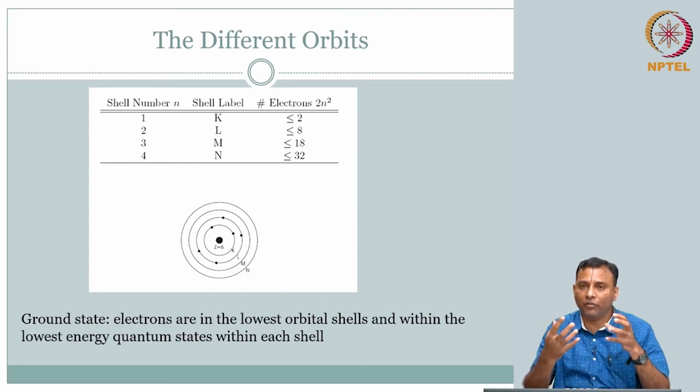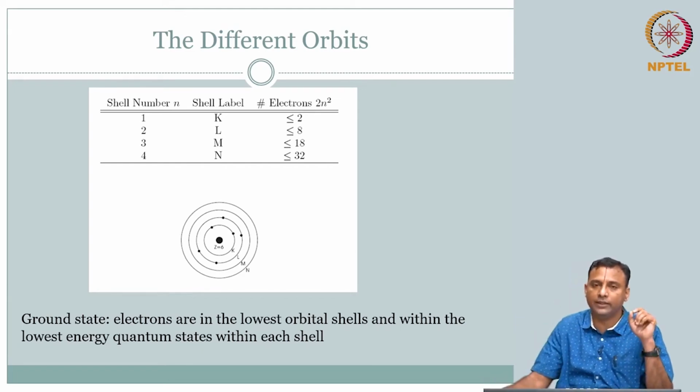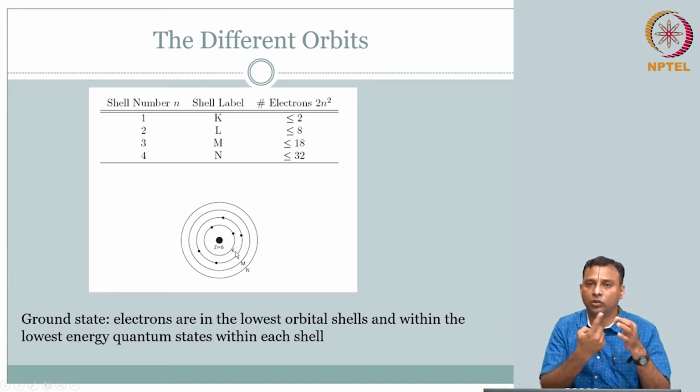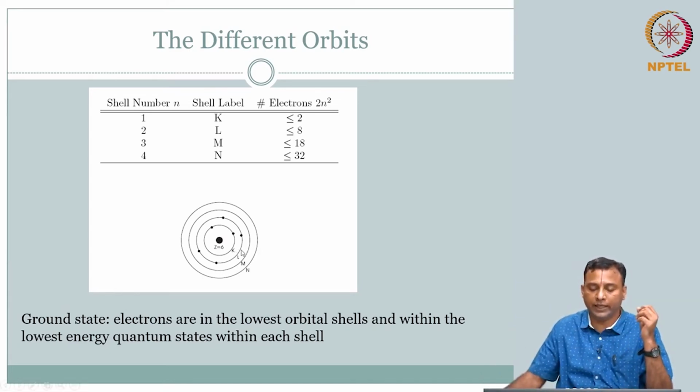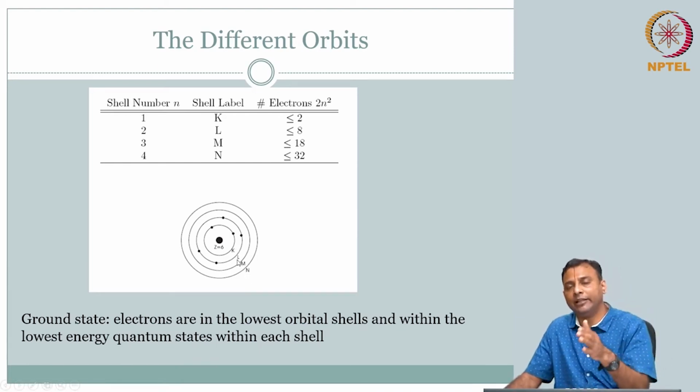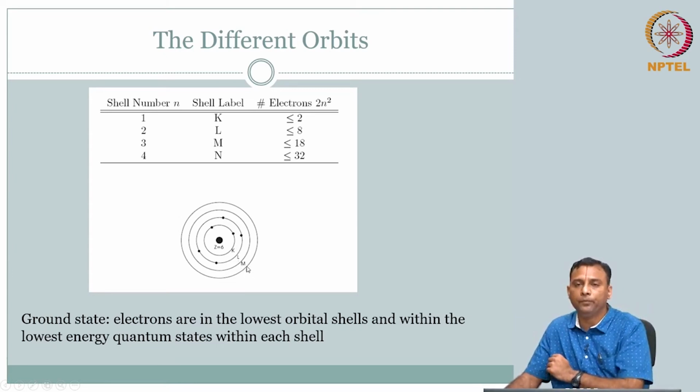The orbits are organized and labeled. The orbit closest to the nucleus is referred to as the K shell, then the L shell, M shell, N shell and so on.